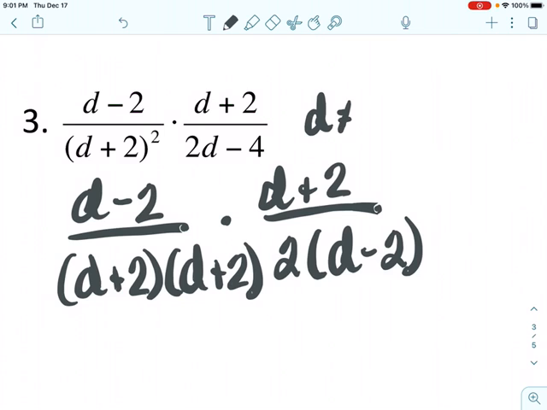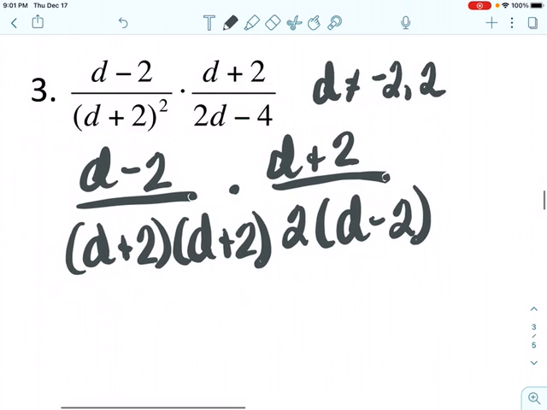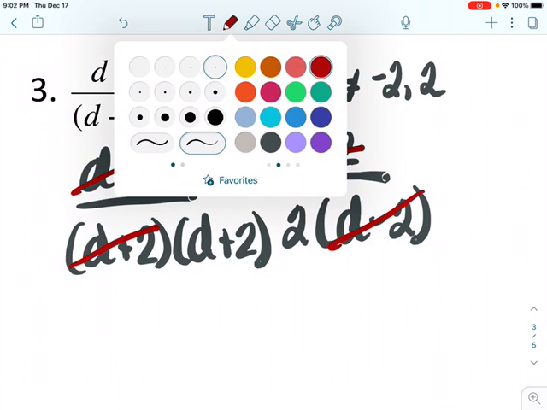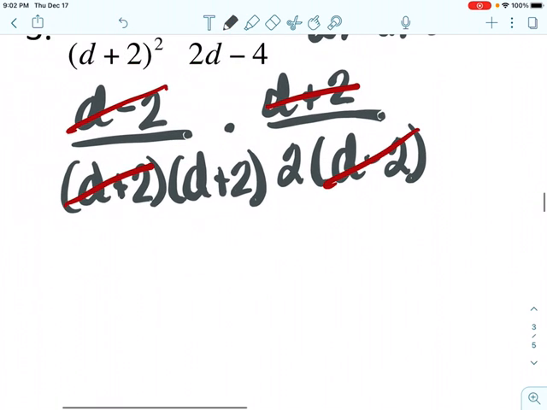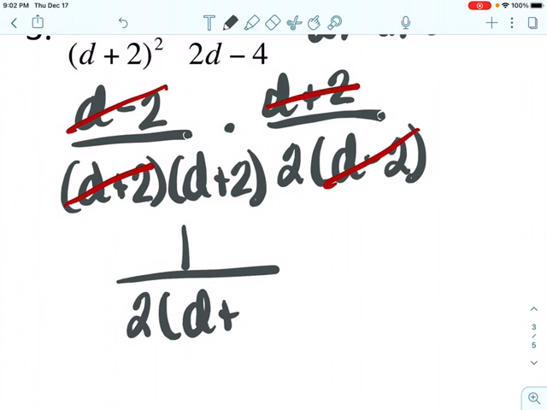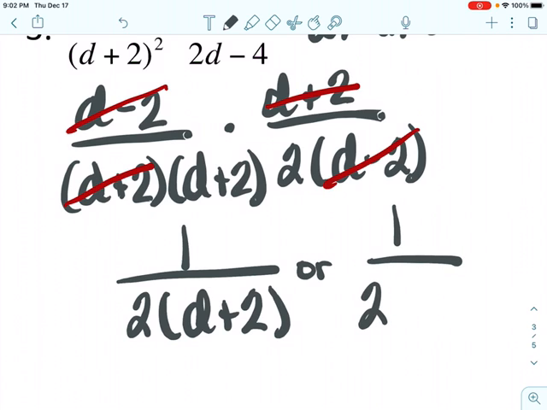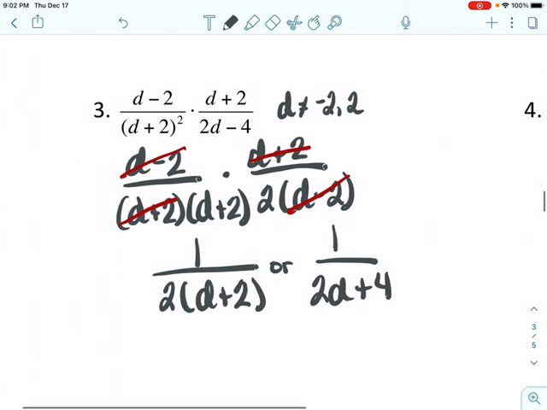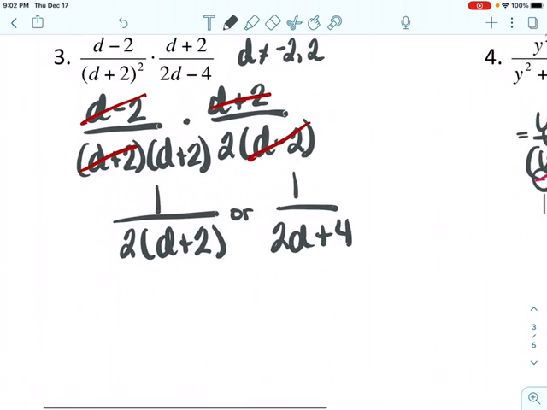So -2 and 2. Okay, now I'm going to look for common factors. So my numerator is 1. My denominator is going to be 2 times d plus 2. Or you can write this as 1 over 2d plus 4.